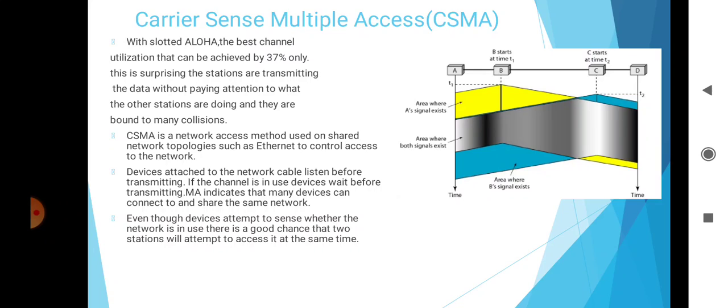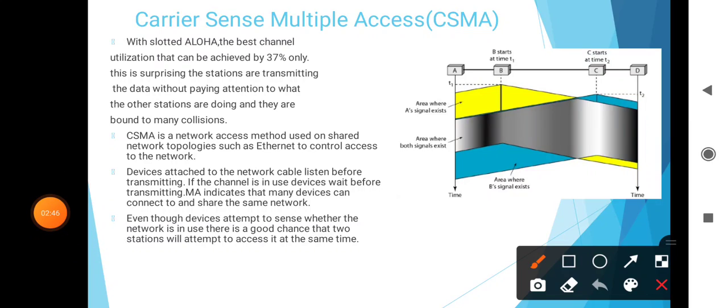The chance of collision still exists because of the propagation delay. The frame transmitted by one station takes some time to reach other stations, and in the meantime the other stations may sense the channel to be idle and transmit their frames, and this results in collisions as shown in this figure.